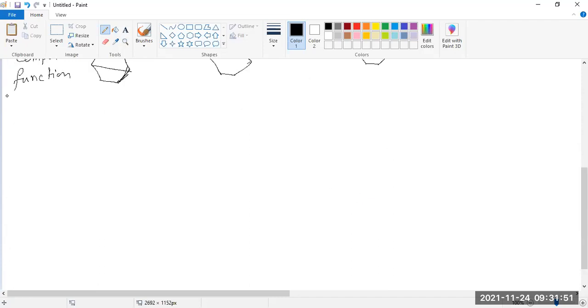Then programmable logic controller. If your PLC is there in your panel, you have to show your PLC. The symbol of PLC is just a square, and then in between a rhombus is there. This is the symbol of your programmable logic controller shown in your panel.